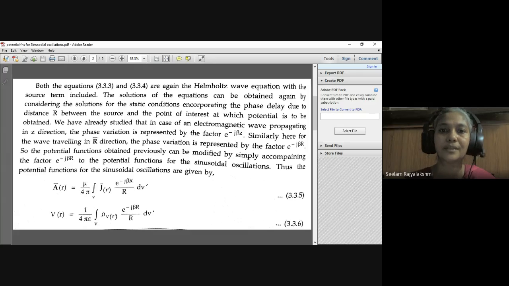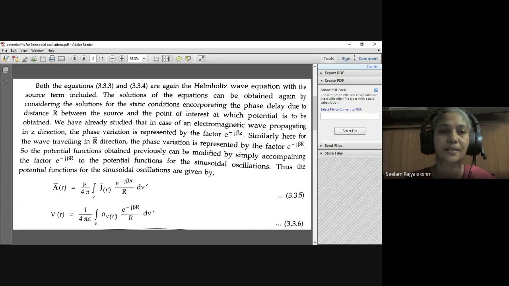The phase variation is represented by the factor e power minus j beta r. The potential functions obtained previously can be modified by simply including the factor e power minus j beta r for sinusoidal oscillations.